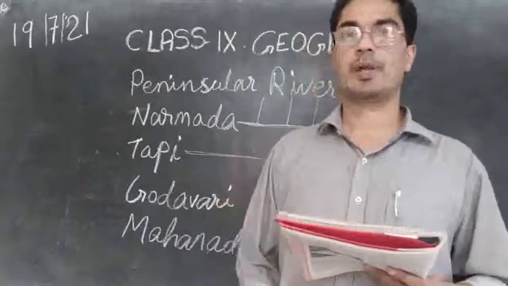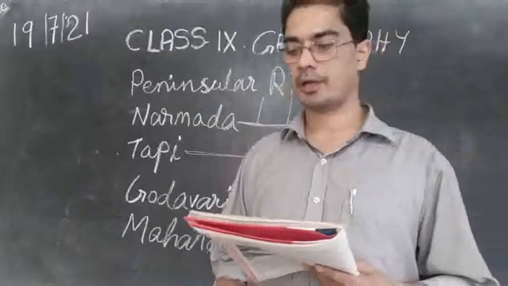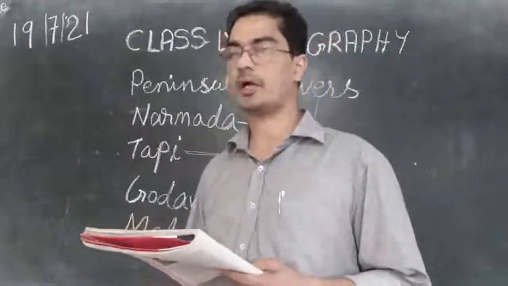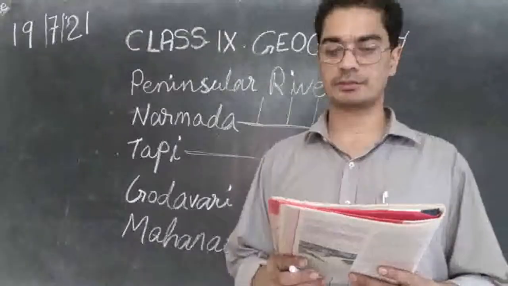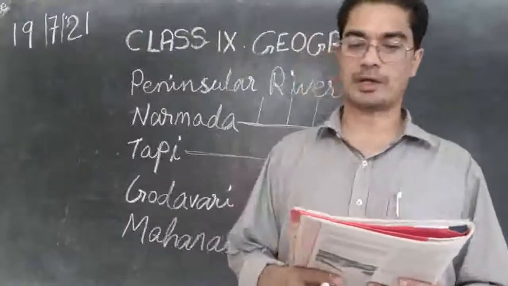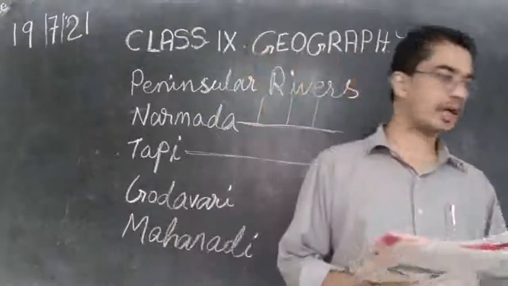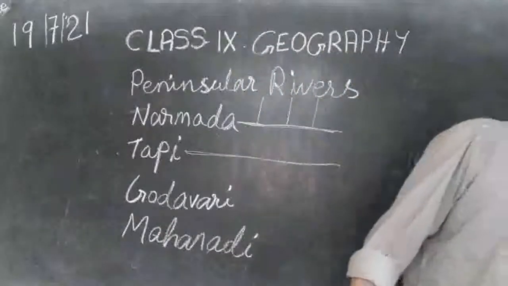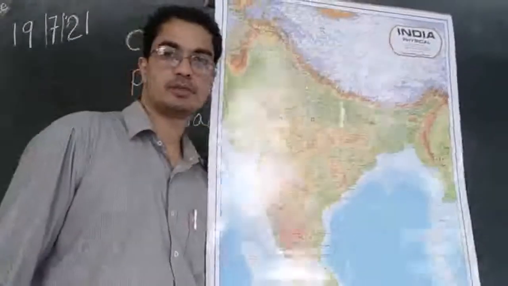Then the coastal plains between the Western Ghats and the Arabian Sea are very narrow. The plain between the Arabian Sea and the Western Ghats is very narrow. We said this in the map yesterday. We can see the map again.